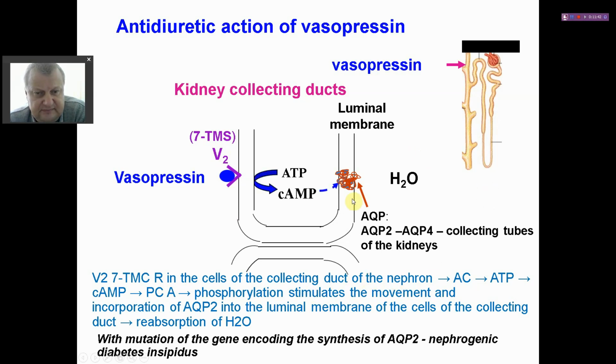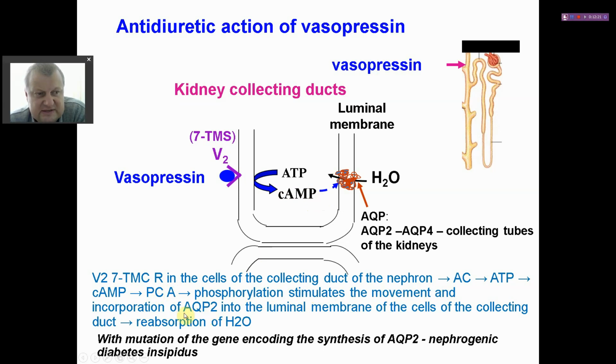Then it causes the activation of adenylate cyclase, and this enzyme provides the transformation of the ATP molecule to cAMP, the secondary messenger. And then this compound provides the activation of protein kinase A. Protein kinase A is the enzyme that causes phosphorylation, and this phosphorylation stimulates the movement and incorporation of special transporters.